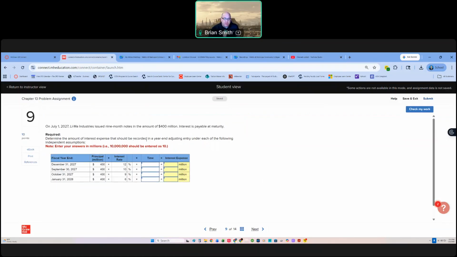Determine the amount of interest expense that should be recorded in the year. Okay. July 1st, 9-month note. Interest rate. This is nice, not giving us a whole lot of data entry points. July, August, September, October, November, December. That's 6 months, 6 divided by 12.